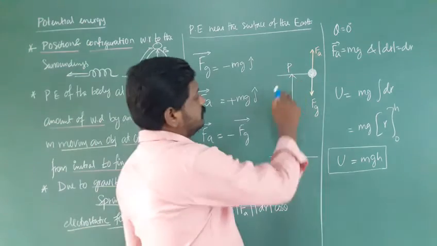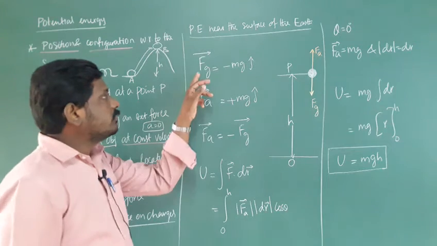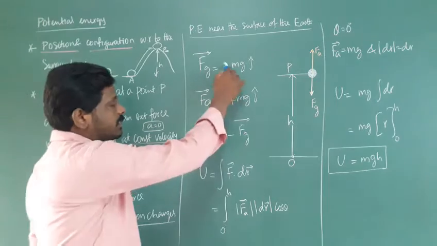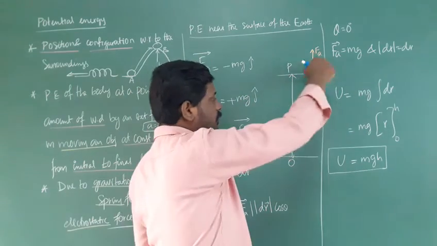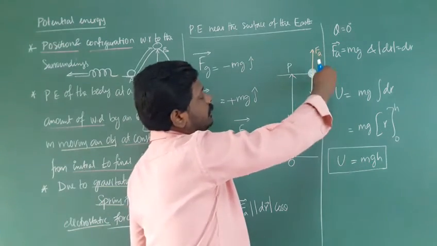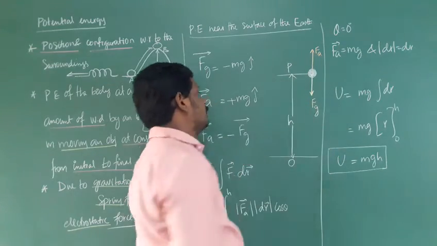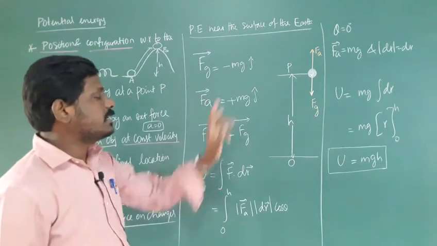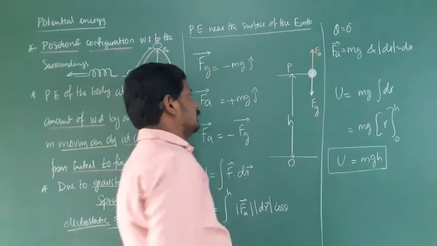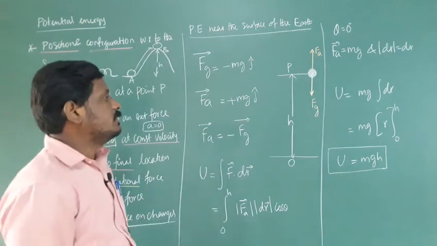At the point P there is a gravitational force acting downwards, equal to minus mg j cap. Why minus? The force acts downwards, in the negative y direction. To lift the object we need to apply a force opposite to gravity, that is applied force Fa equal to plus mg j cap, in the plus y direction. So Fa and Fg are equal and opposite.